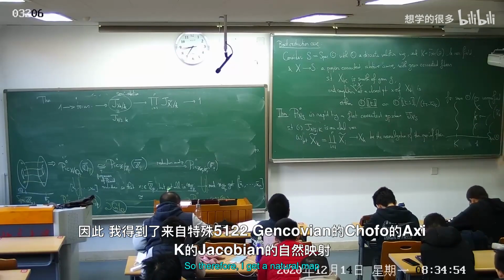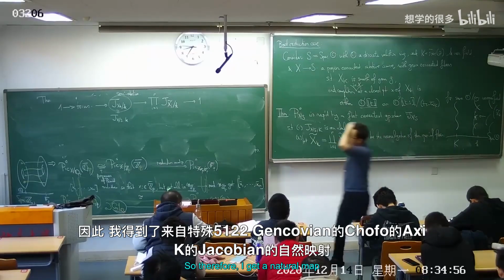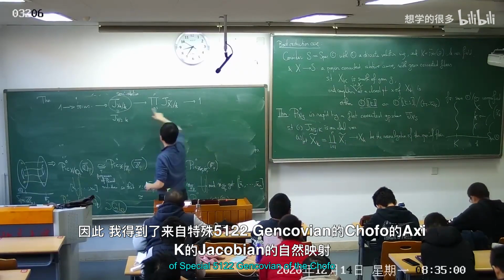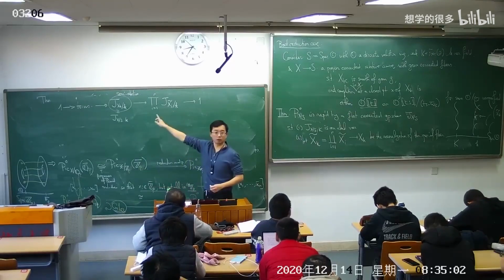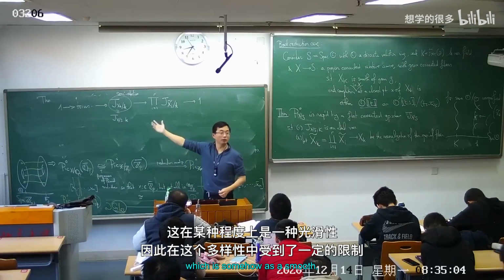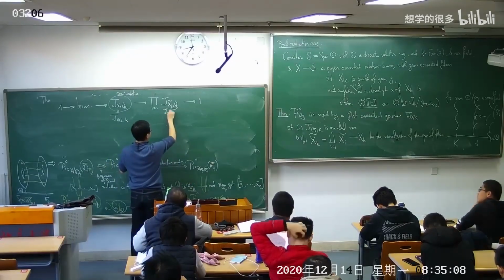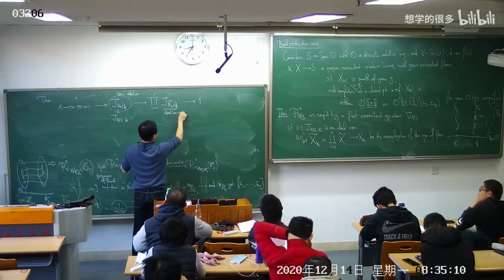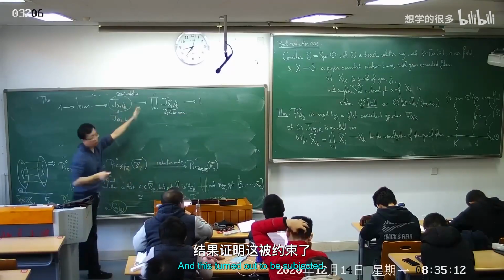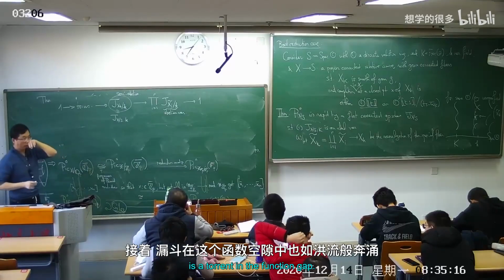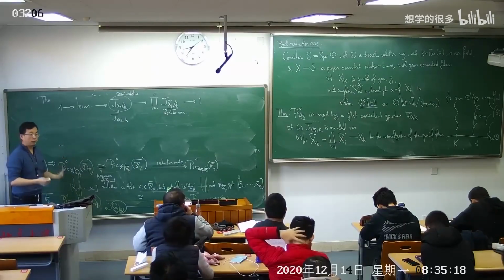So I get a natural map from the Jacobian of X_k, the special fiber, to the Jacobian of each of those irreducible components, which themselves are smooth, so each of them is an abelian variety. And this turns out to be surjective, and then the kernel is a torus, a bunch of G_m.